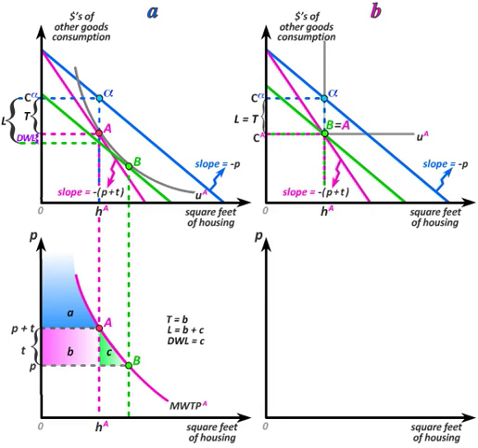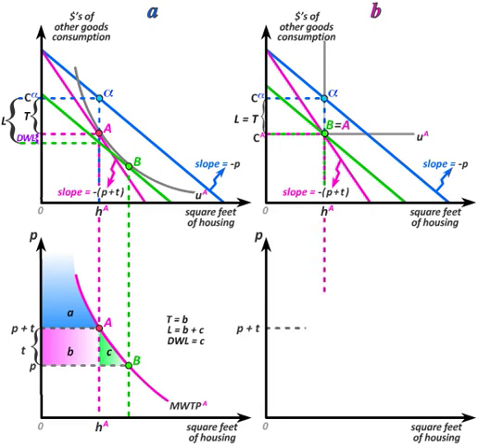As a result, the highest lump sum tax payment L that we can raise from this consumer without making her any worse off is exactly equal to the actual tax payment T that she makes under the housing tax. Since there's no difference between L and T, there's no deadweight loss.